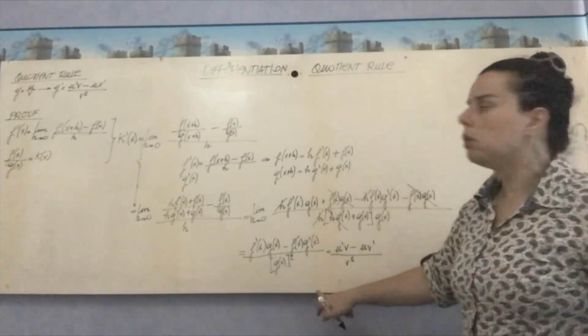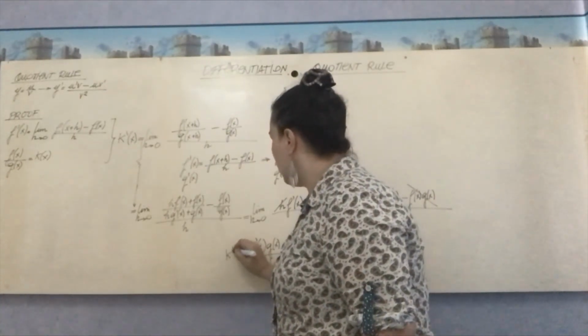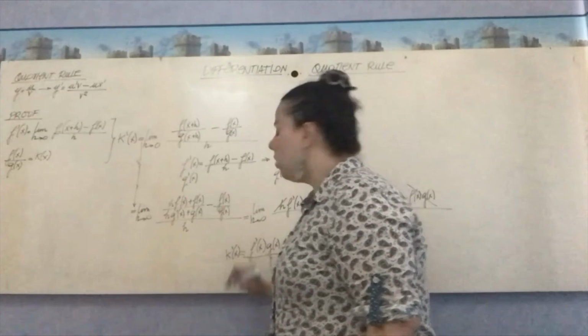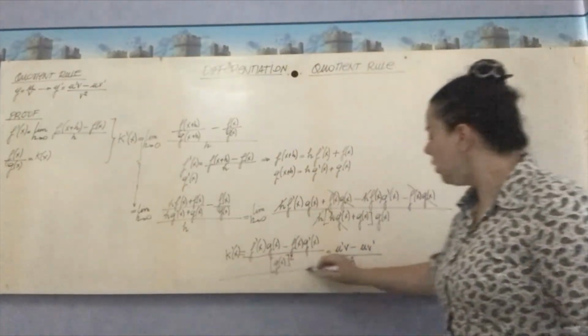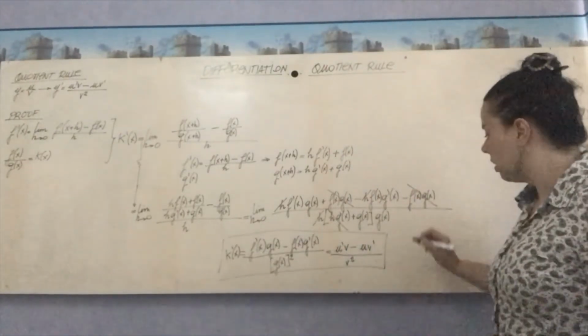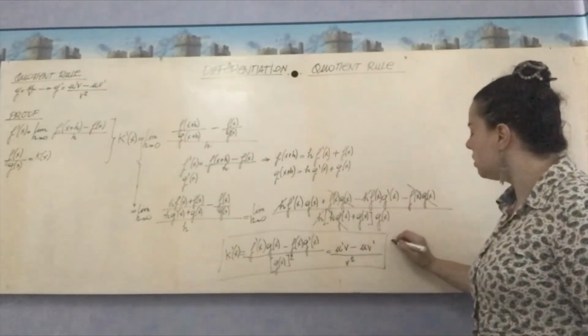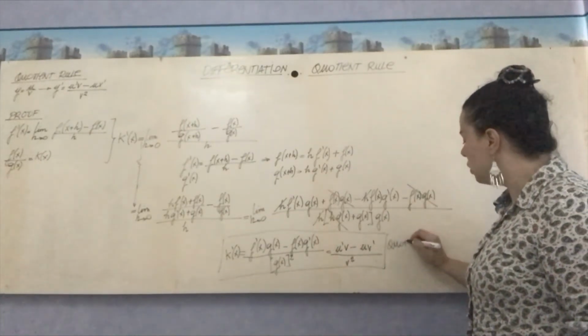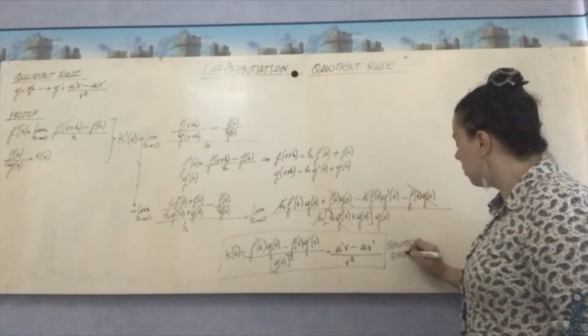And that was what we were searching for all along, which was the derivative of our function. Now we've got it all tidy, we proved it, so now we can name it. And because this function was the quotient of fractions, this is the quotient rule.